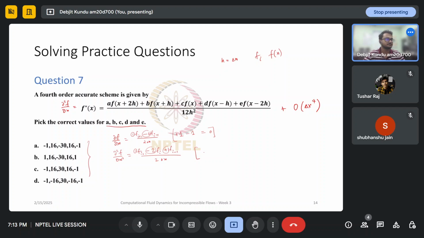So if we consider the sum of the coefficients, then we'll have 1 minus 2 plus 1 equal to 0. There is no mathematical proof for it, but usually most such discretizations follow the same pattern where the sum of the coefficients would turn out to be 0.